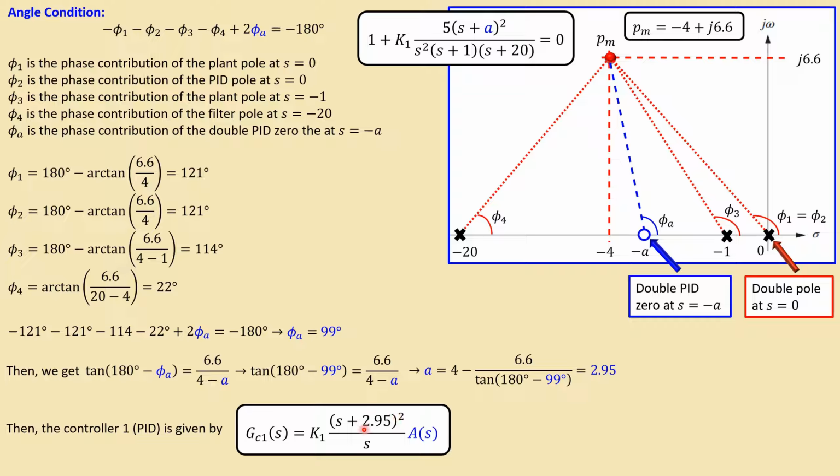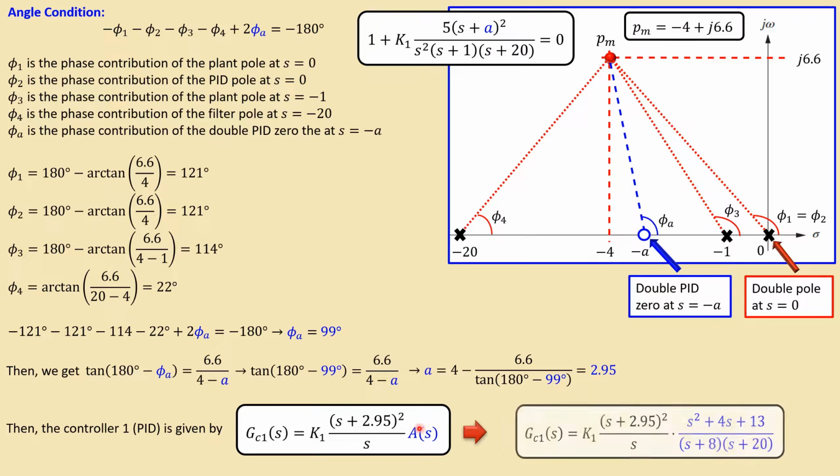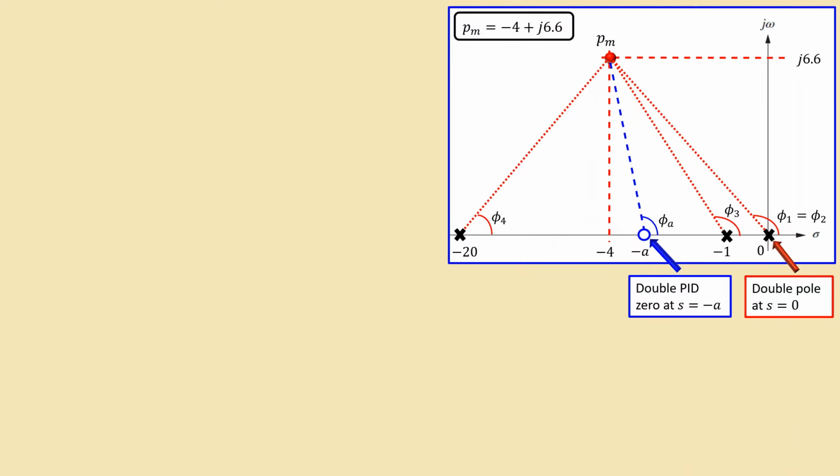We have 2 zeros at minus 2.95. We don't know yet the controller gain K1. We also know the filter, which was already given, so if you add them up you will get this complete expression, except of course the K1, which is the next step.